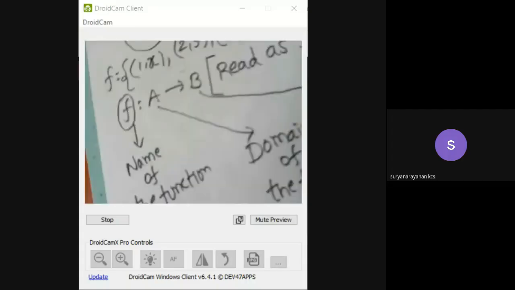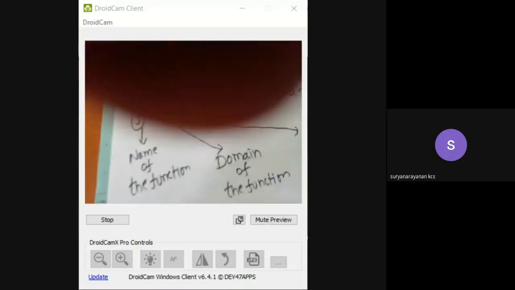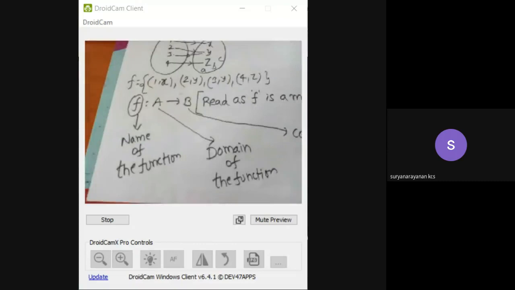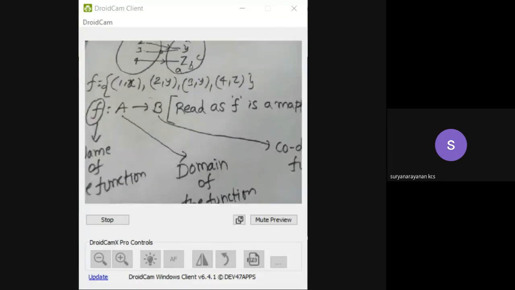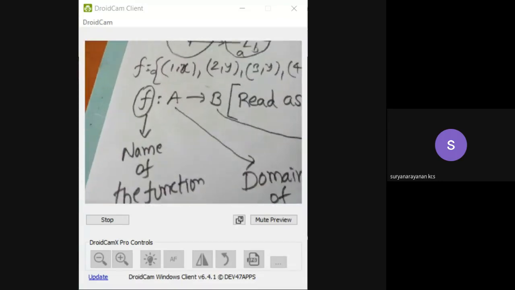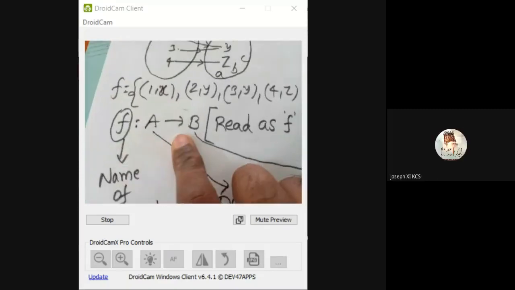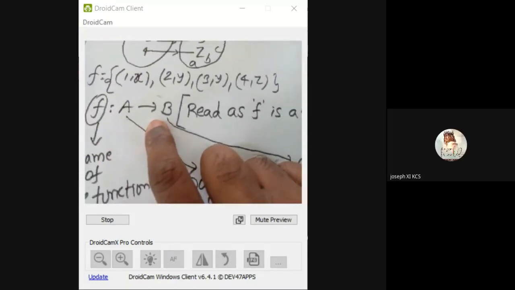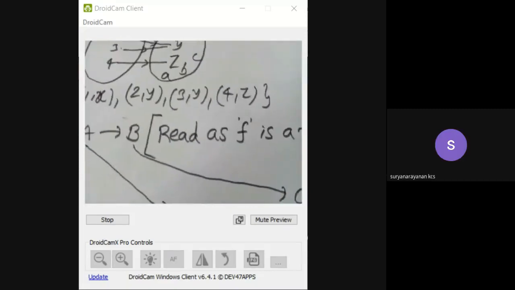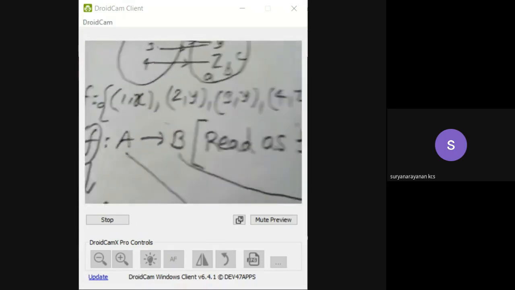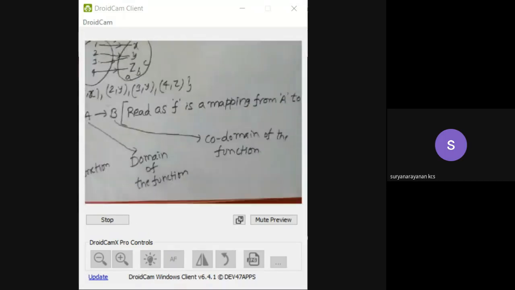Tell me, how do you read this notation, Joseph? Sir, F is a mapping from A to B, sir. Next, Ayush Singh, read this notation.